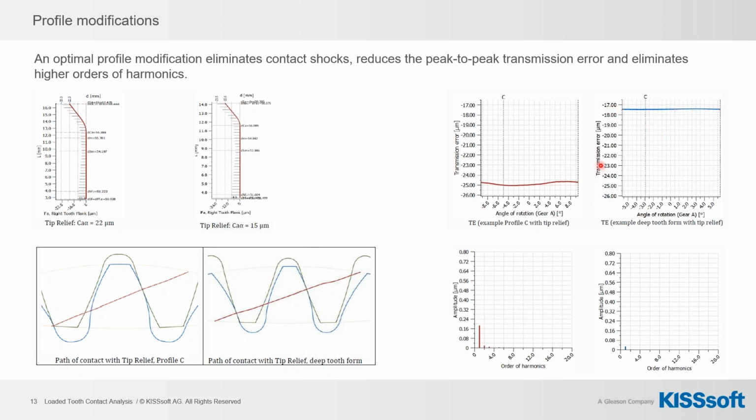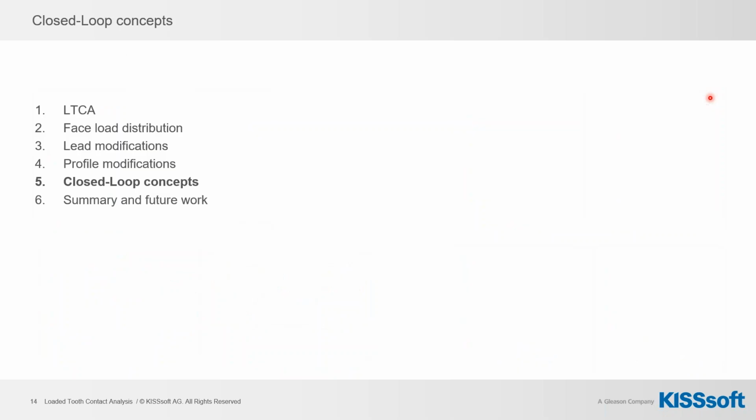And this transmission error is proportional to the excitation force, right? And what we want to avoid is that the excitation force starts changing over time, because this will ultimately cause vibrations in your gearbox, which are then transferred to the housing, which acts like a bell.